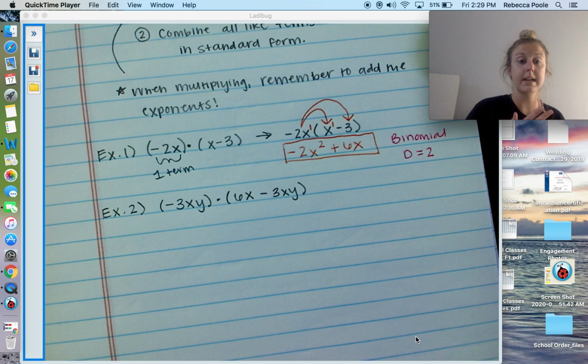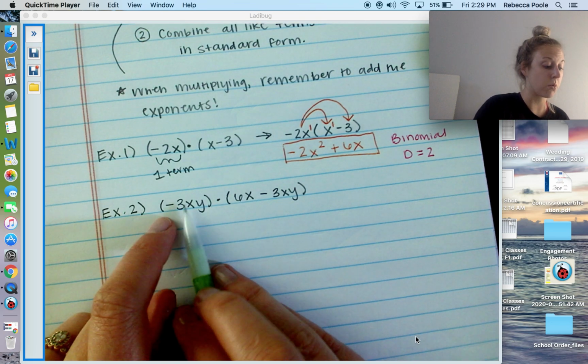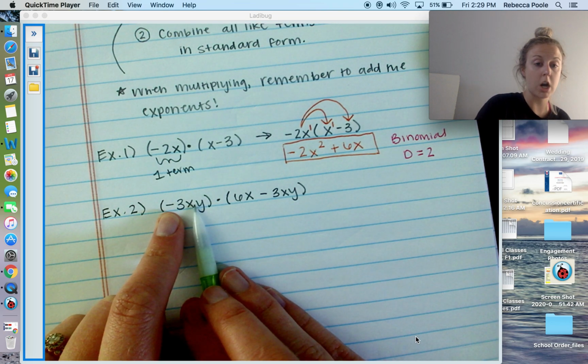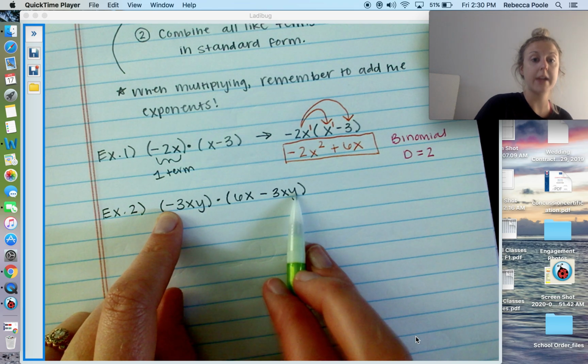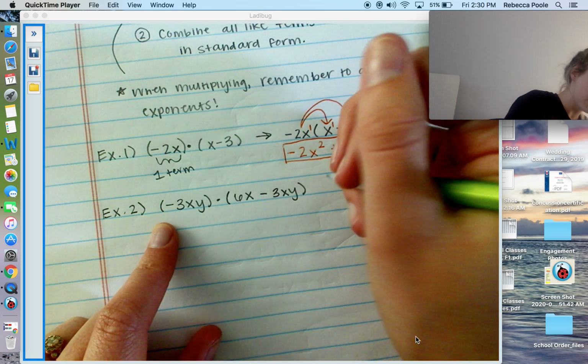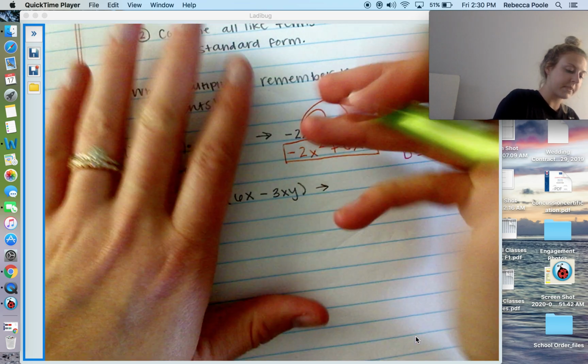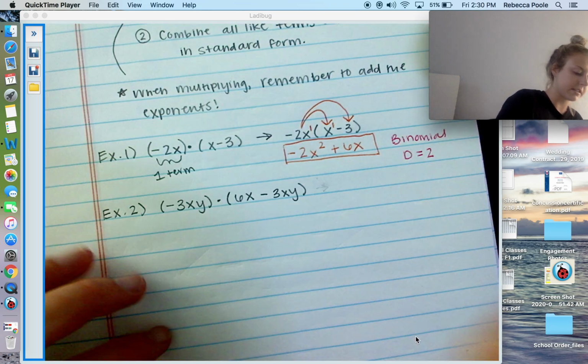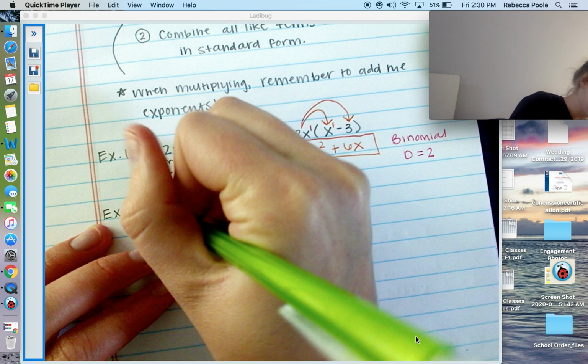All right, so again, you want to check and make sure we are multiplying one term by two others, right? So as long as this is a monomial, that means I can rewrite it. And I'm actually going to come down here to rewrite it this time so I don't run out of room.